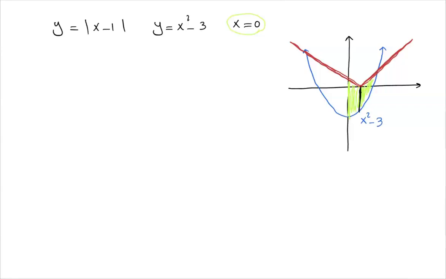On the left-hand side, the absolute value function is on top here, and down here you have x squared minus 3. On the other side, the absolute value function is just right here, and you get x squared minus 3 down here, right?